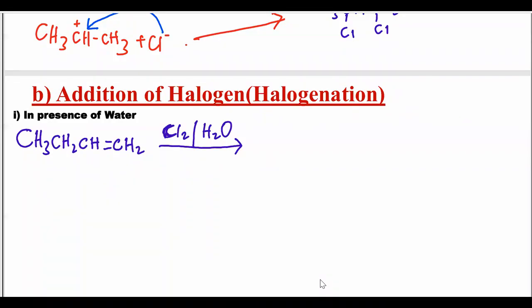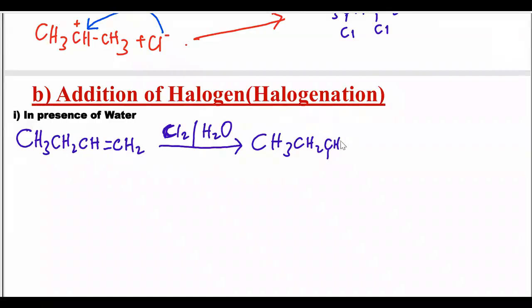Then the product is, what is the product? It's 1,2. Okay, maybe tell me. CH3, CH2, CH.